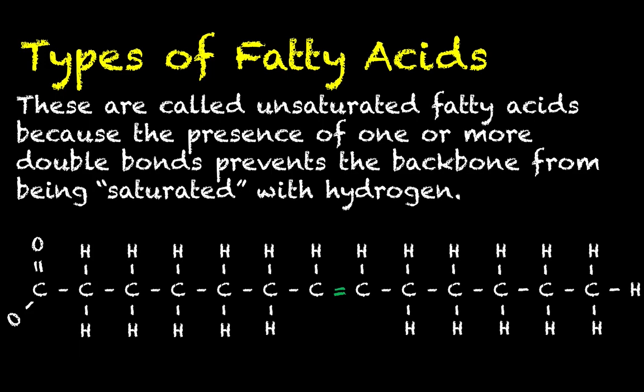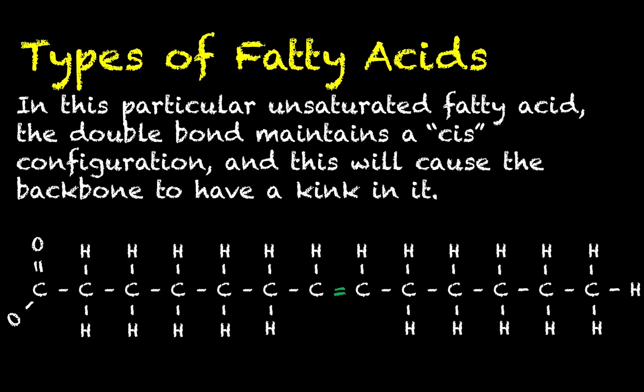So these types of fatty acids that contain double bonds in the backbone are called unsaturated fatty acids because the presence of one or even more double bonds prevents the backbone from being saturated with that maximum number of hydrogen atoms.